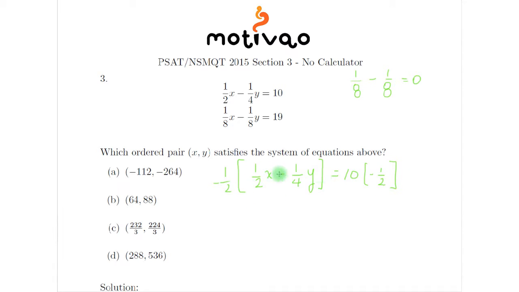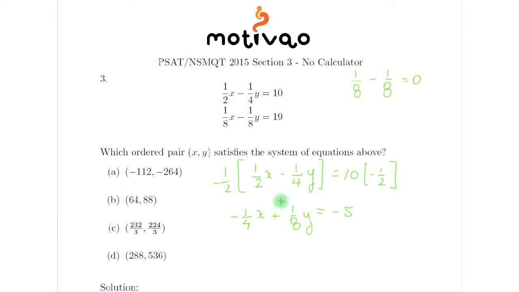If I distribute this negative 1/2, I will have negative 1/4 x and positive 1/8 y. Well, what is that equal to? 10 times negative 1/2 is negative 5, right? Negative 10 over 2 is negative 5.